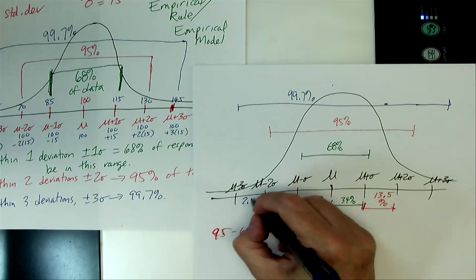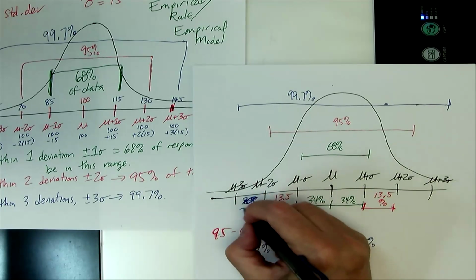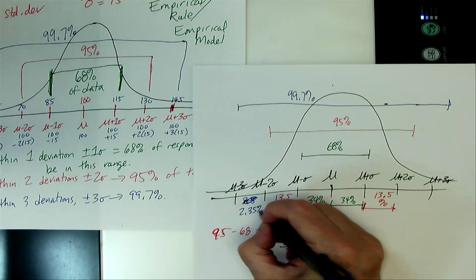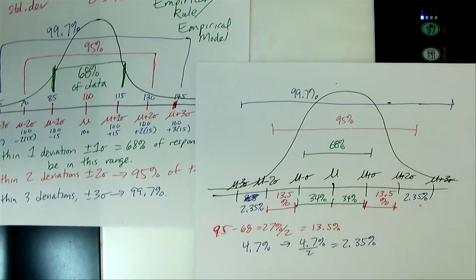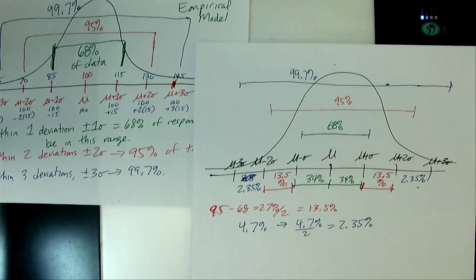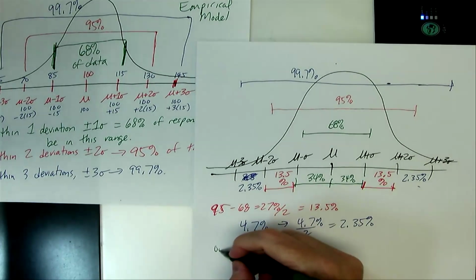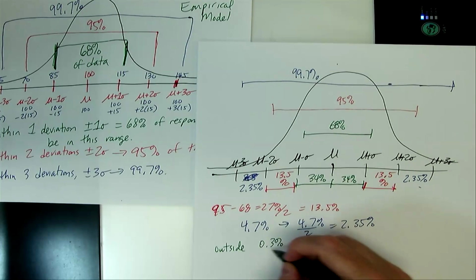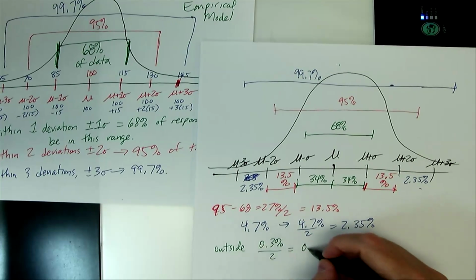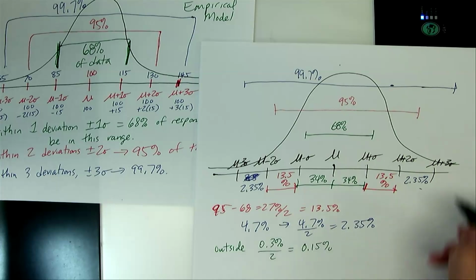So 2.35% there, 2.35% there. And outside that is only 0.3%, which gives us 0.15% on each side.